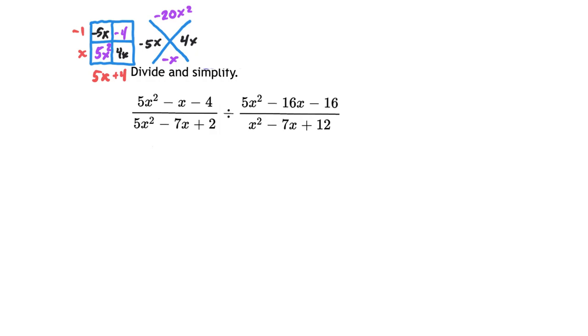Now, some students might also try to use the quadratic formula with this expression as well, where they put in 5 for A, negative 1 for B, and negative 4 for C. When they use the quadratic formula, it will return back to them two numbers. It'll return back to them a 1 and a negative 4/5. The 1 part's not too hard to turn into a factor because that's what the answer would be for the factor that makes it equal 0. Well, in this case, it would have to be x minus 1, the opposite of that number.